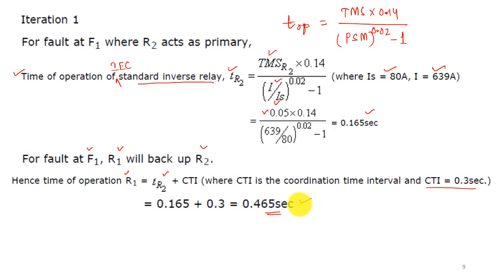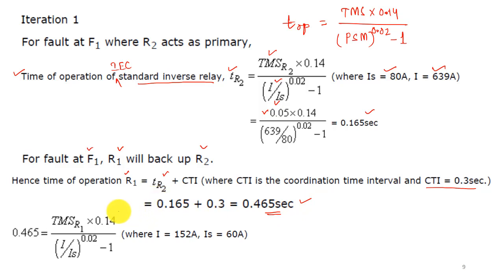Now from this time of operation we can find the TMS setting of relay R1. So let us substitute this operation time of R1 in the standard equation, and substitute all these values. I, we know, is 152 ampere. It is seen by relay R1 as backup relay, and IS is the pickup current.